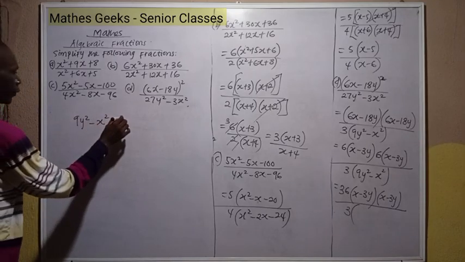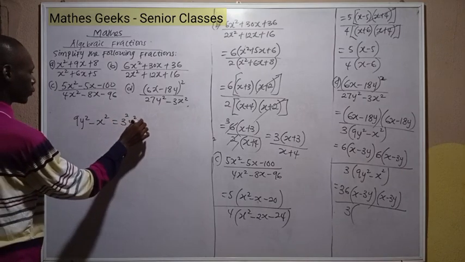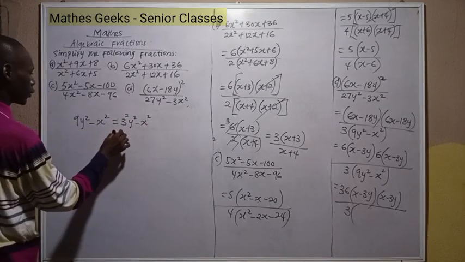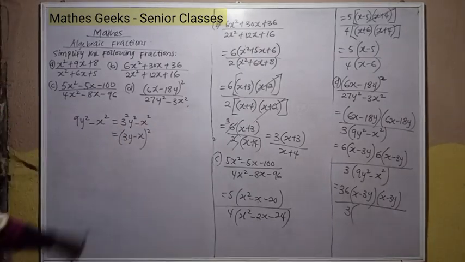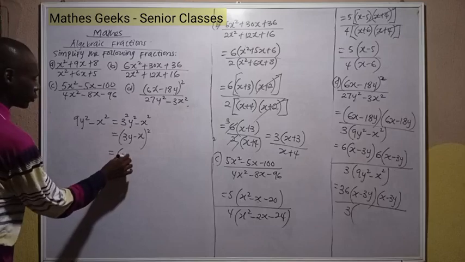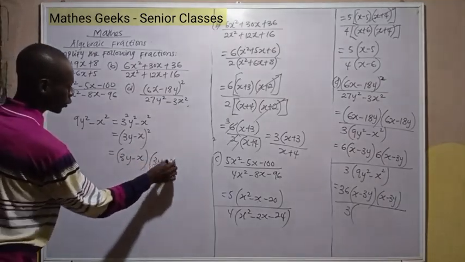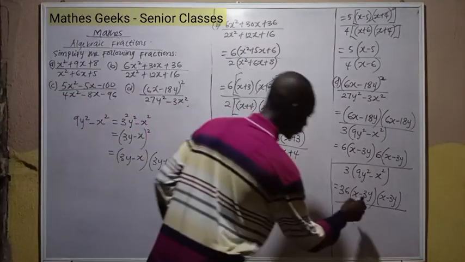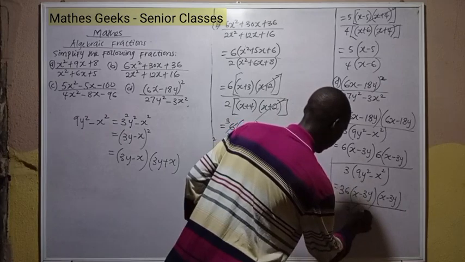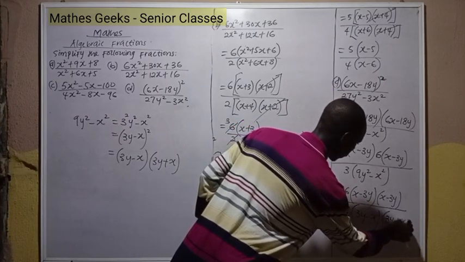This 9 is 3 squared, y squared minus x squared, which is 3y all squared minus x squared. So what this implies is that it's going to be 3y minus x and 3y plus x.